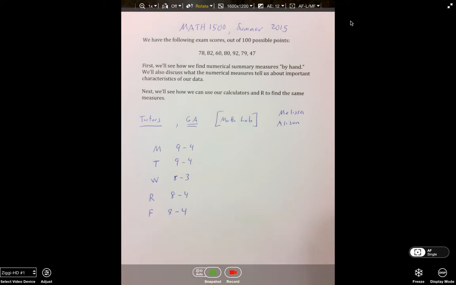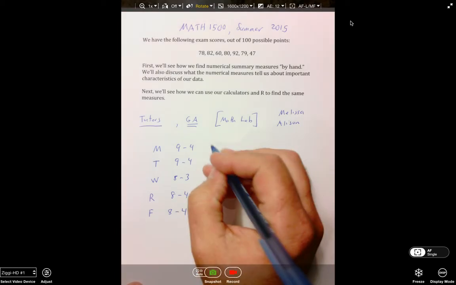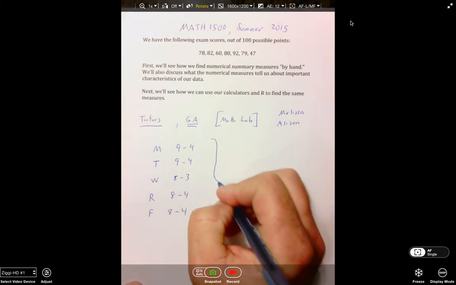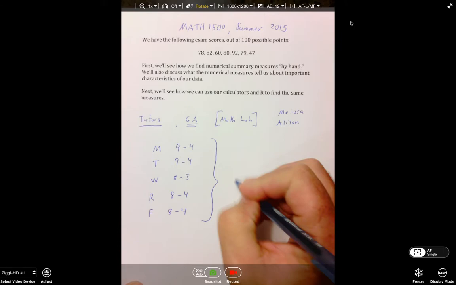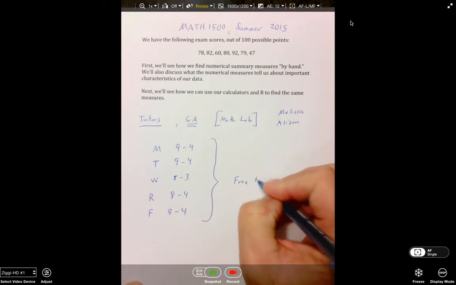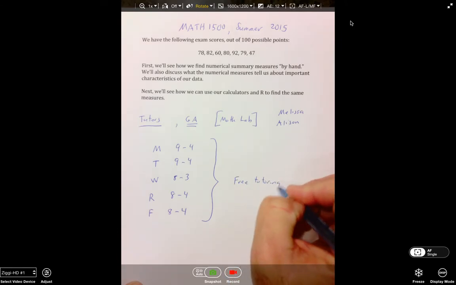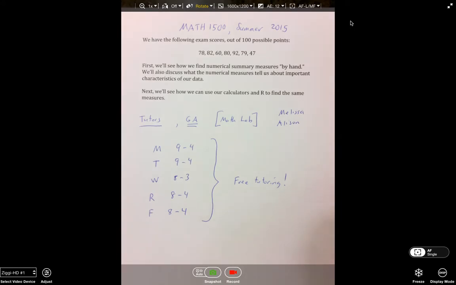You can see that you've got tutoring available from about 8 to 3, 8 to 4 most days. So guys, there's no reason to run out and get a tutor. Part of their responsibility as graduate assistants is to provide you free tutoring. So keep them busy. They are there to help you, and they know what they're doing.